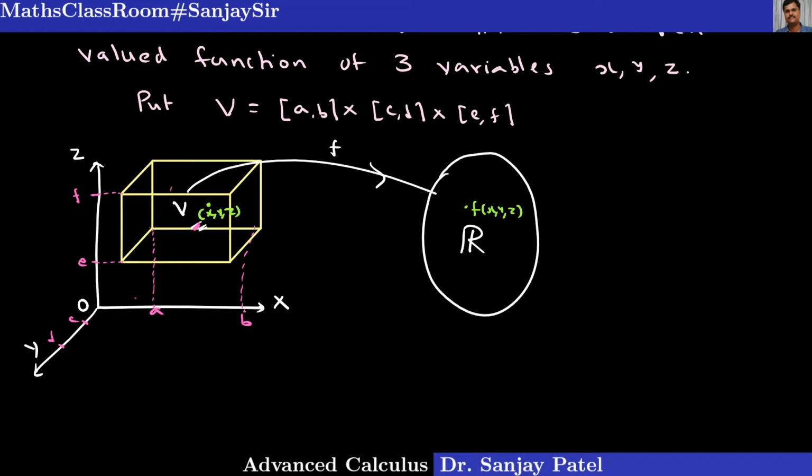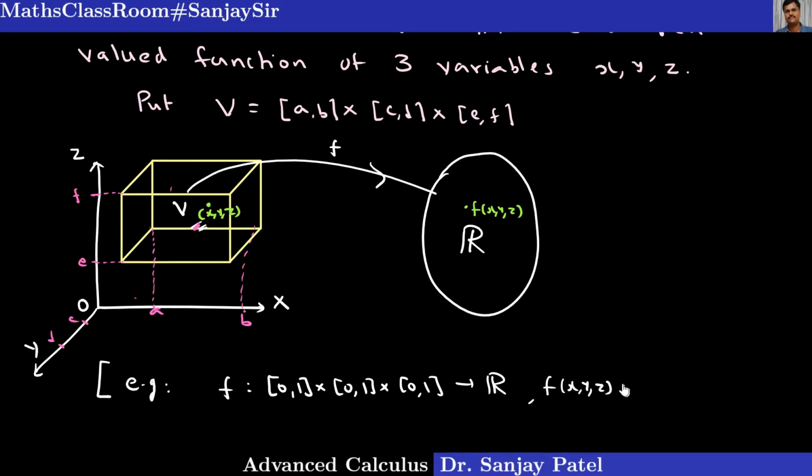For example, take a cube, f from [0, 1] cross [0, 1] cross [0, 1] to R as f of x, y, z is equal to x plus y plus z.